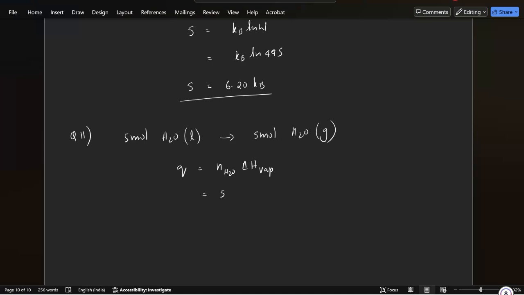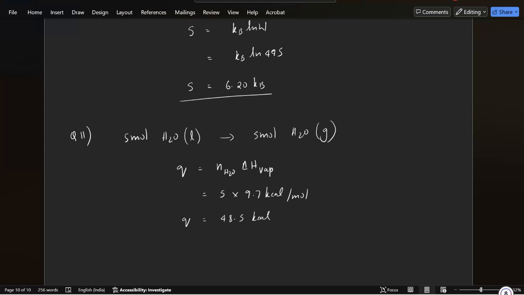The latent heat of vaporization is 9.7 kilocal per mole. That's the value given. After that it's just simple multiplication. So how much is that? 48.5 kilocal. So that is Q. There's something called latent heat of vaporization when there is a phase change happening, so that's what you need to consider and work out.